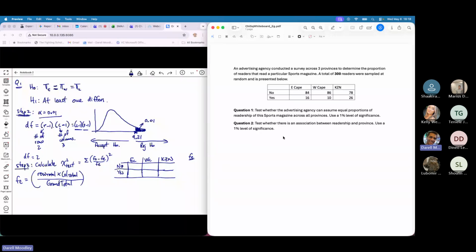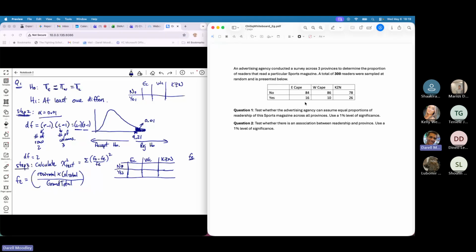All that means is, if you look at the table on the right, you can get your row totals and your column totals. The table is given to you with no and yes, and Eastern Cape, Western Cape, and KZN.